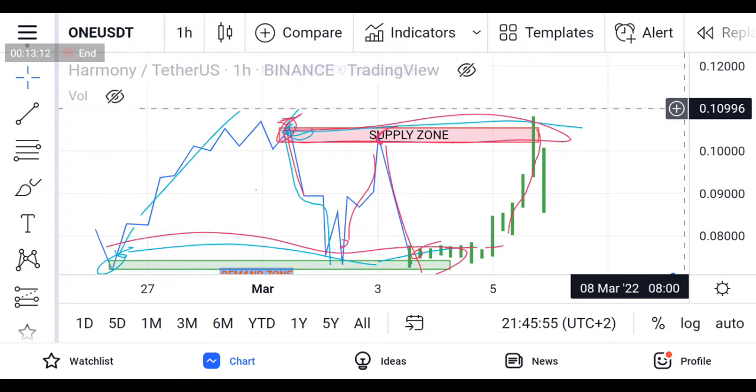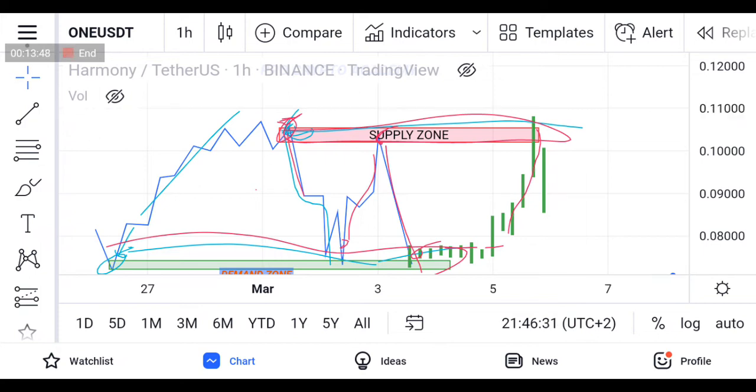In a supply zone, it must be slightly above your zone, to give your trade some space, because you may find that the trade retraces for a short period of time, then starts going down. So to be safe, just set your stop loss slightly above your supply zone. Okay.